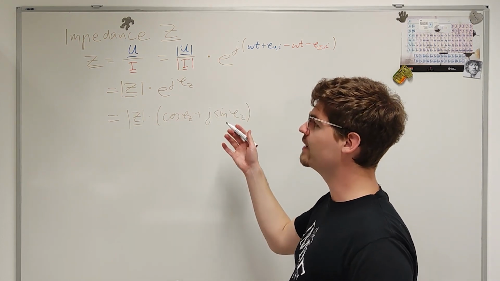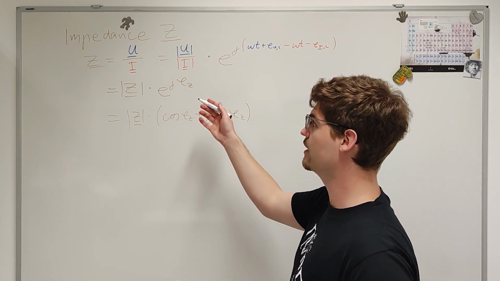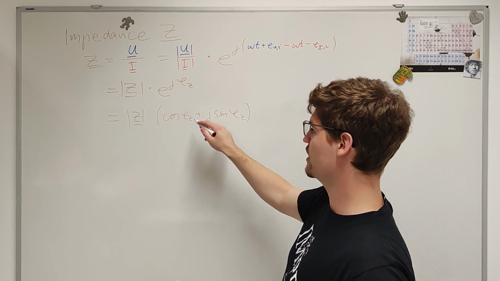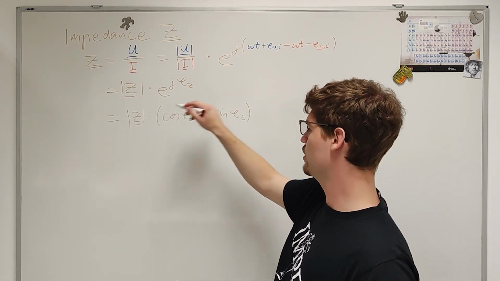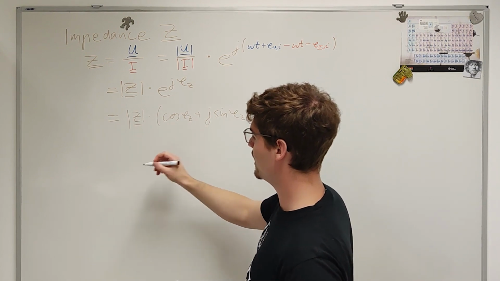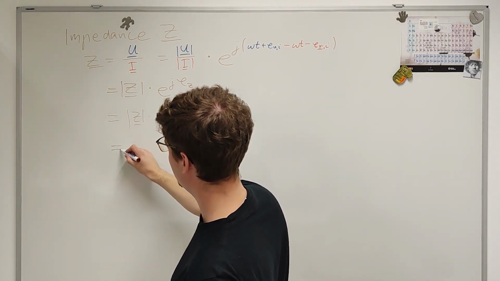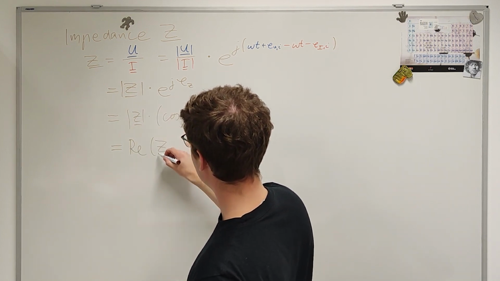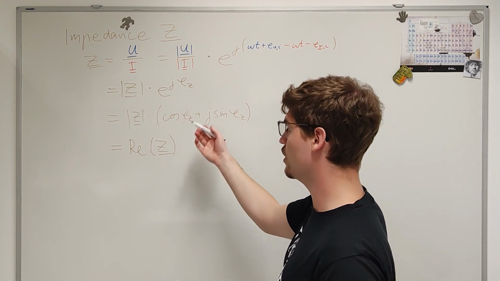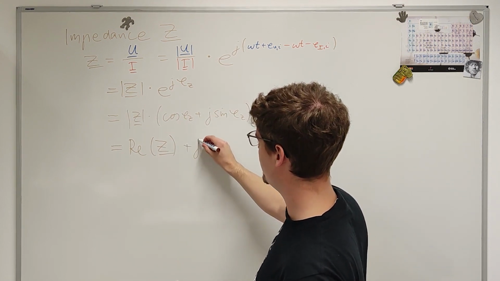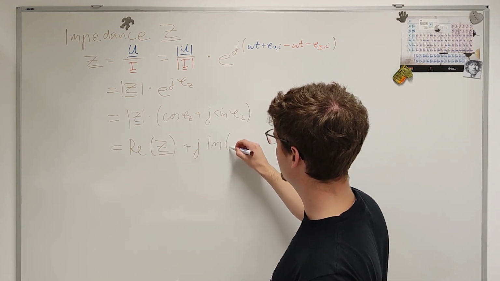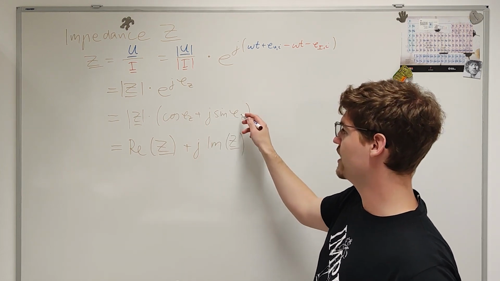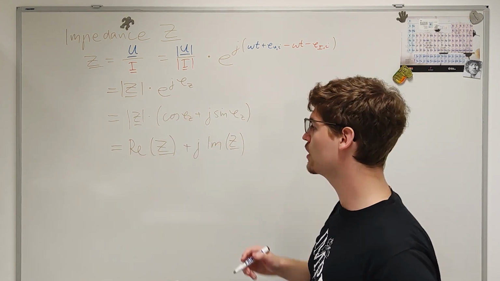And if we now find the real and the imaginary part of the impedance, then we can again contract Z, the magnitude times cosine phi Z, plus j, the magnitude times sine phi Z, and what we end up with is something that looks like this. The real part of the impedance plus j times the imaginary part of the impedance, which are again related by sine phi Z and cosine phi Z to the magnitude.